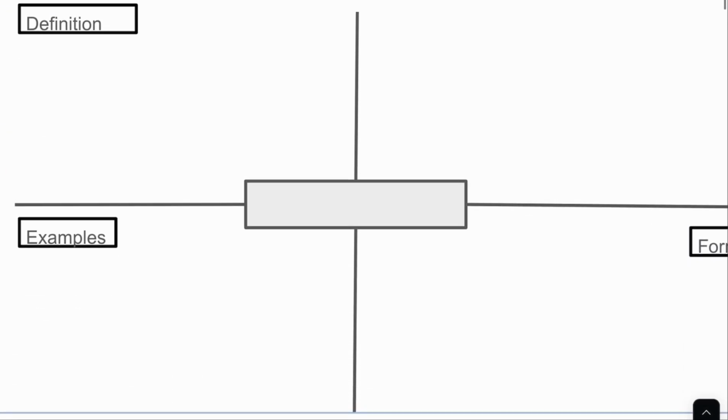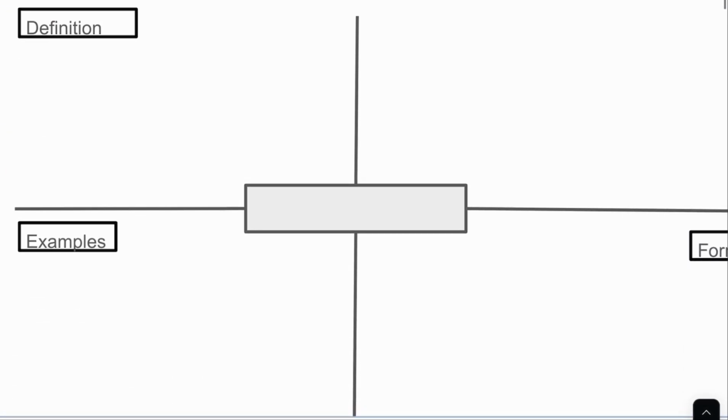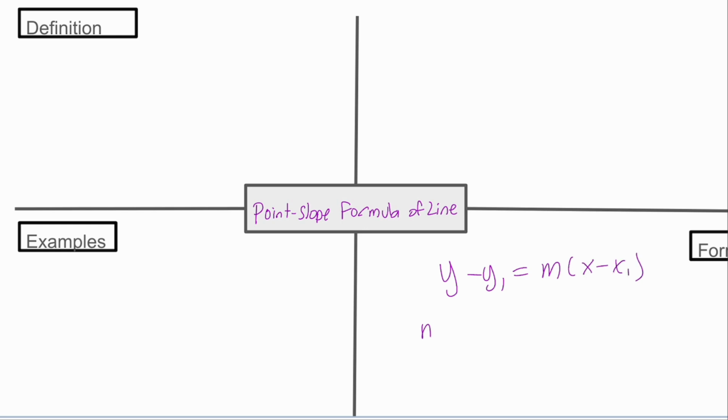Our second definition, we are going to do the point slope formula of the line. So over in the formula spot, let's write that formula down. So y minus y1 equals m times x minus x1, when m is the slope and x1, y1 is the point.